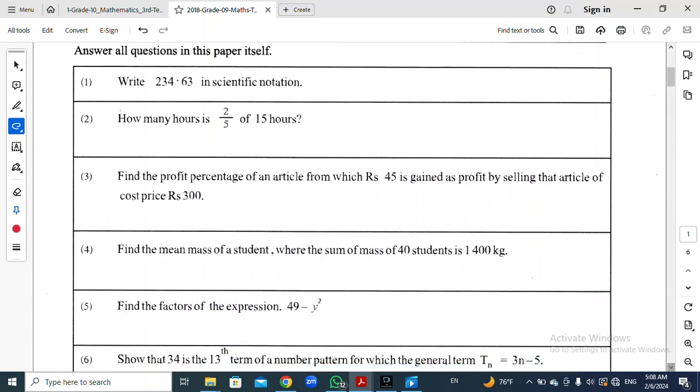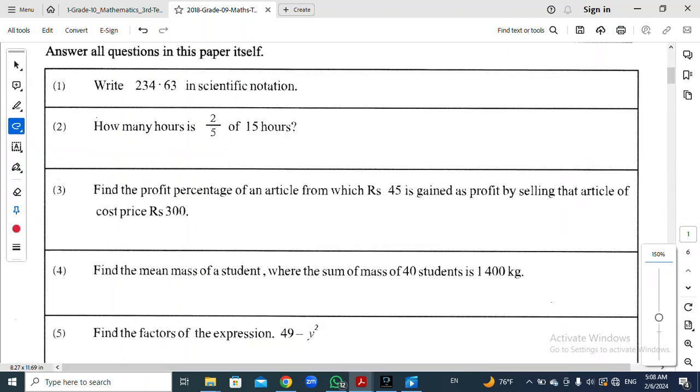Write 234.63 in scientific notation. Scientific notation means we have to keep the decimal point after the first whole number. So here this is not like that, so we have to move this decimal point two places to the front.